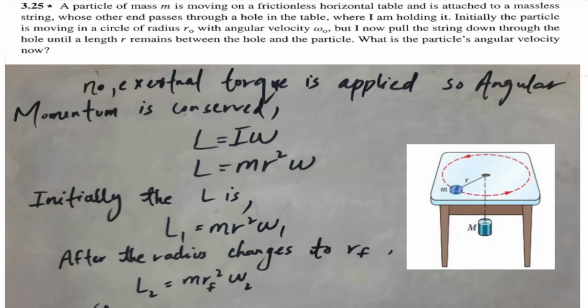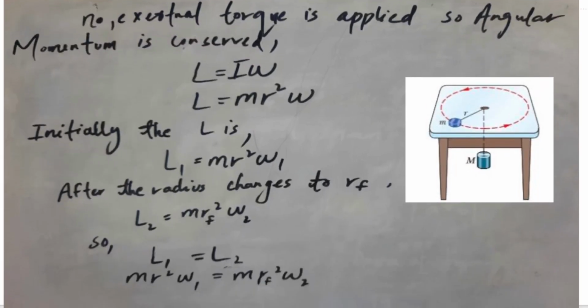And further you can see that after the radius changes, there is always a final radius we will get, and you can give it any name. So this is the second angular momentum.